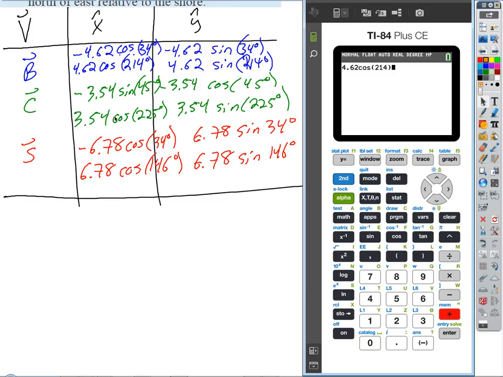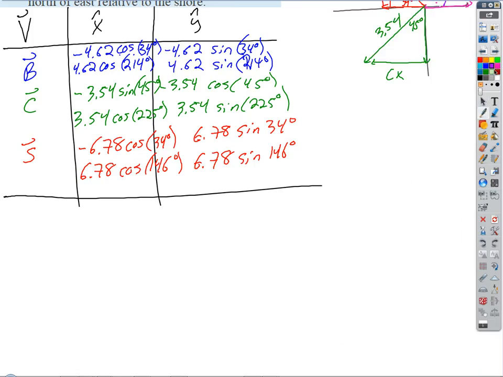It makes it a little bit easy, doesn't it? So if I'm finding the x component, plus 3.54 cosine 225, plus 6.78 cosine 146. Okay, enter. There's our x component of the resultant, right? Oh, I lost it.